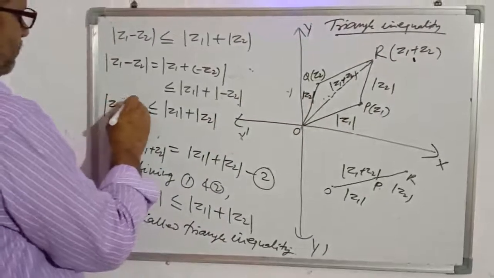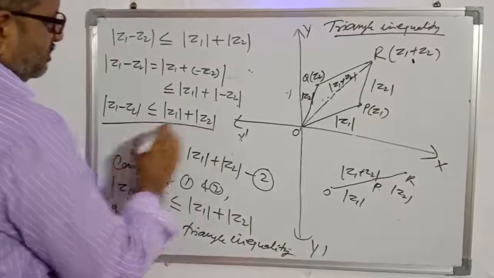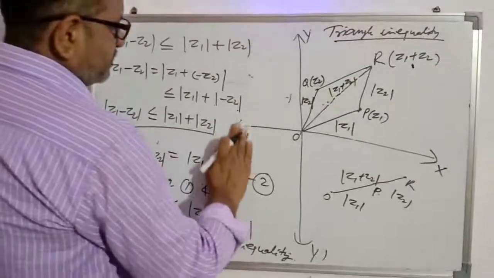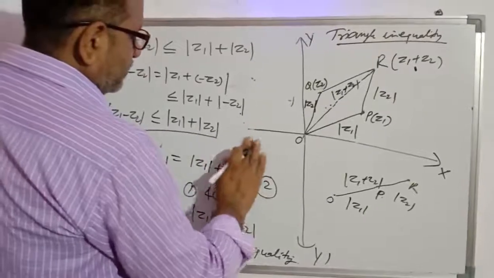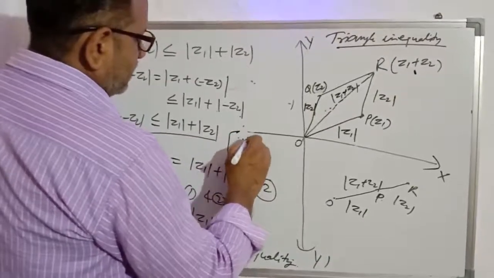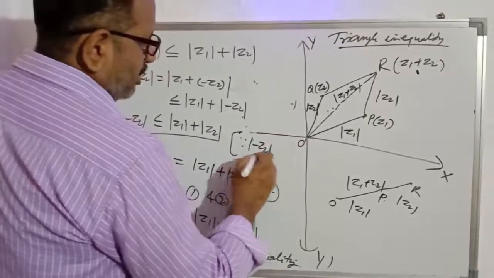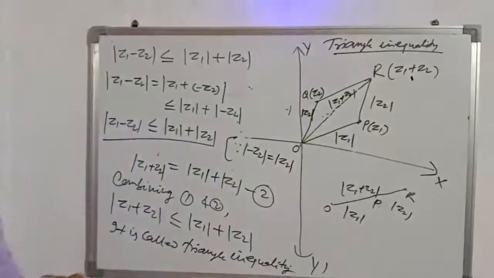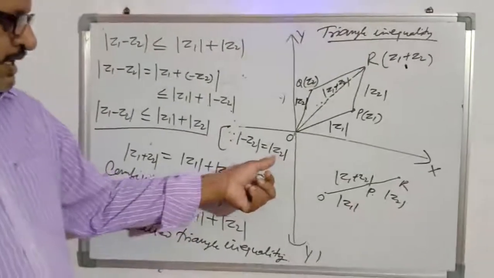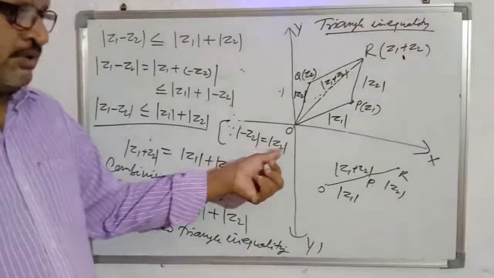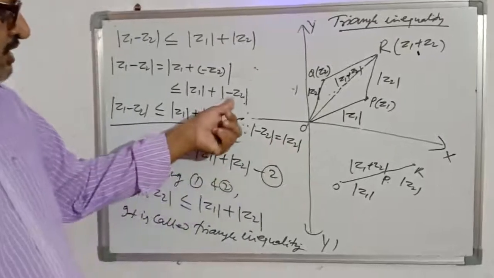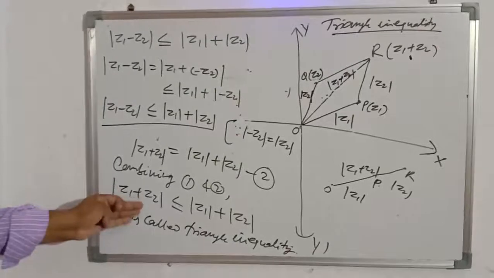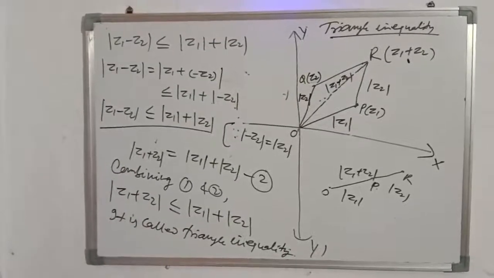So mod of Z1 minus Z2 is also less than or equal to mod of Z1 plus mod of Z2. We can give the reason here: mod of minus Z2 and mod of Z2 are both equal. The mod of a complex number and the mod of its negative are the same. So in place of mod of minus Z2, we can write mod of Z2. So these two are the triangle inequality.